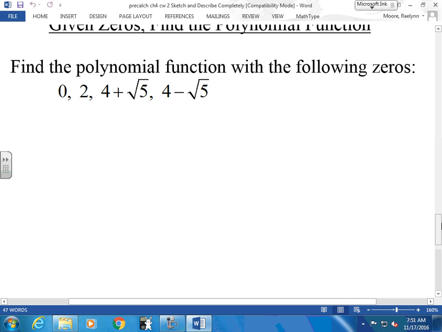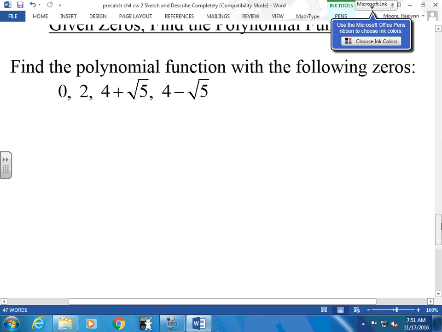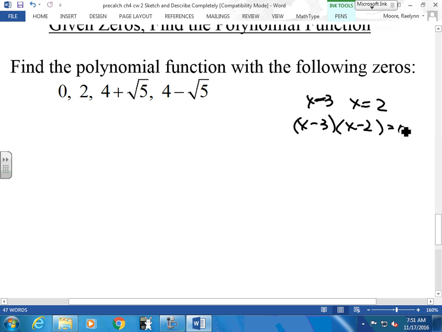This was classwork 2. We said we had a polynomial with the following zeros, and we had to come up with the polynomial. And we started out with a real simple one. We said, what happens when I have x equals 3, x equals 2? We work these backwards. And there was our polynomial, our quadratic in this case.